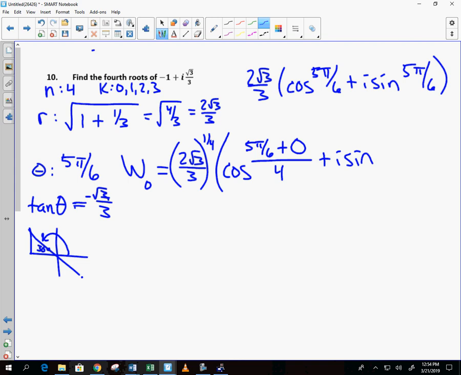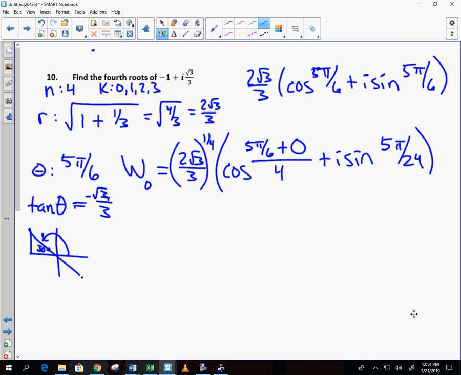Oh my gosh. 5 pi over 6 plus 0 divided by 4. 5 pi over 24. You guys think you're so funny. Is 5 pi over 24 an angle that we know on the unit circle? Not at all. Okay, we can't find that exact value.